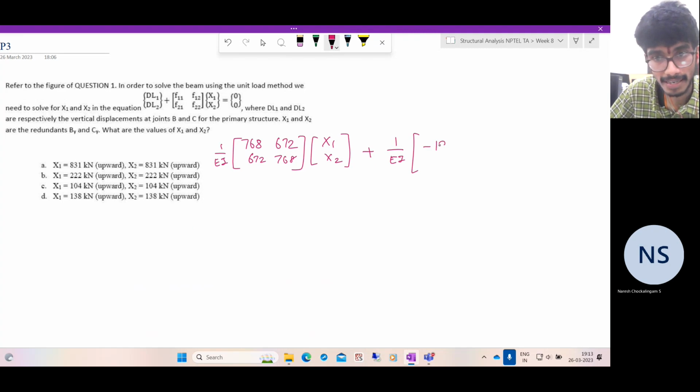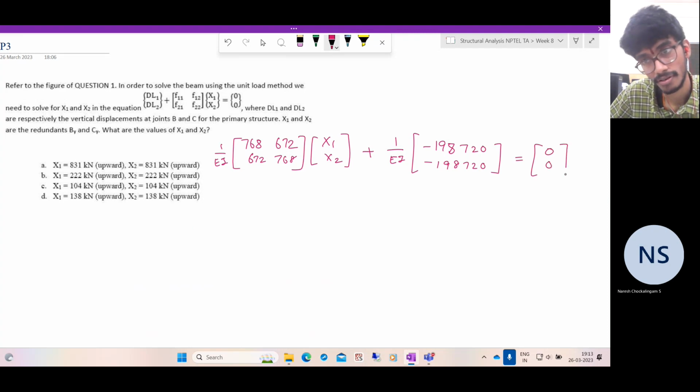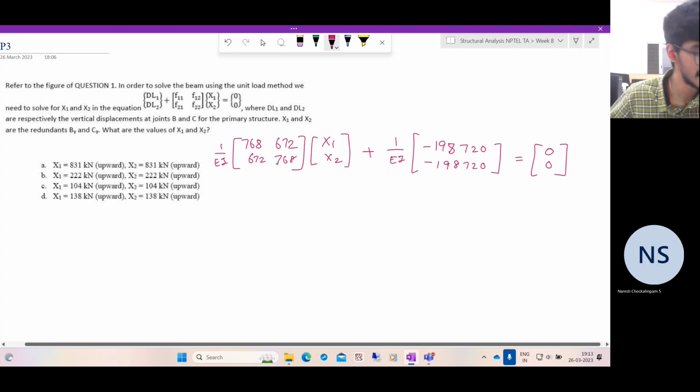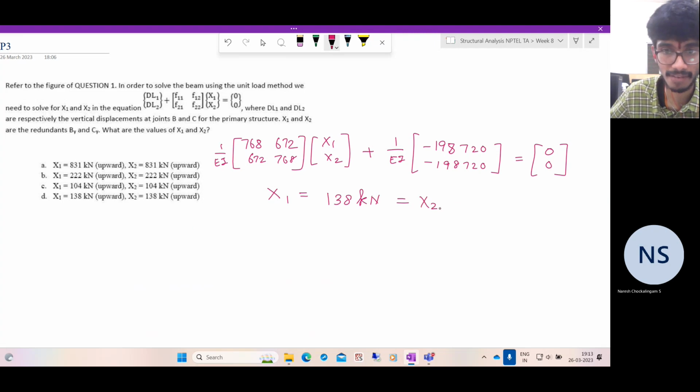D1L is minus 198,720. D2L is also minus 198,720. This is equal to 0. So this is a 2x2 system. You can easily solve it using a scientific calculator. Solving it, the answer you get is x1 equals 138 kilonewtons, and it is the same as x2 as we expected. So both are positive. So the reaction acts upwards. It corresponds to option D.